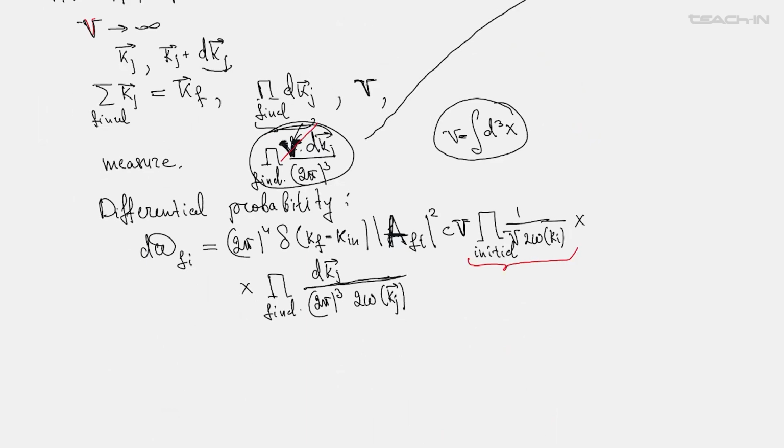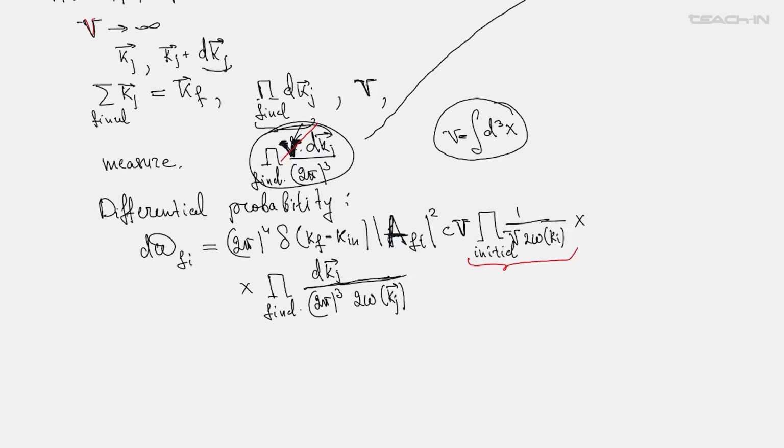Is there some need also to remove volume for the initial states? Yes, because at the end of the day, you are interested in scattering in the infinite volume. And so factors of volume, in the quantities which you measure experimentally, should all cancel. Otherwise, you cannot take the limit to the infinite volume. The infinite volume is, of course, a good approximation to what happens in practice, in experiment.